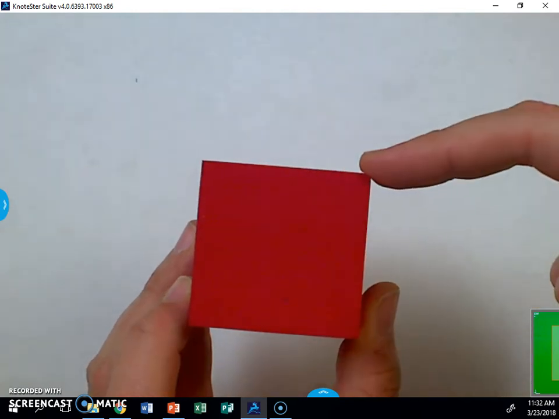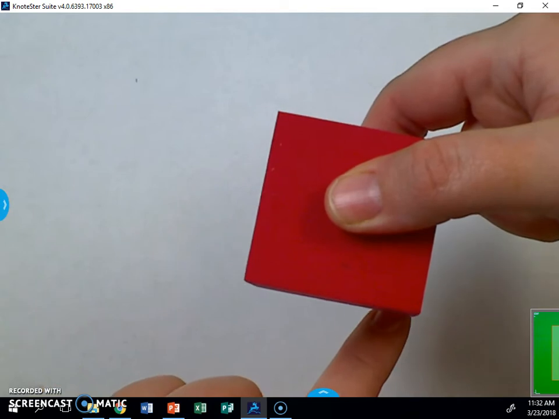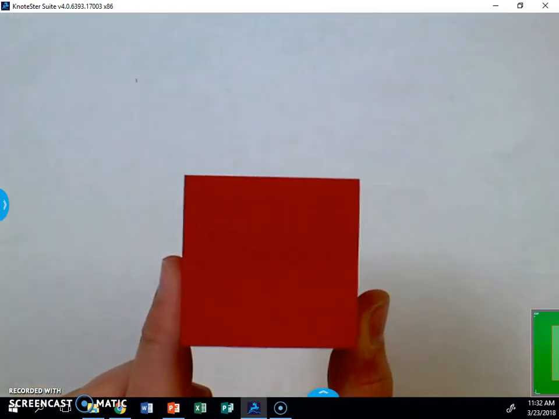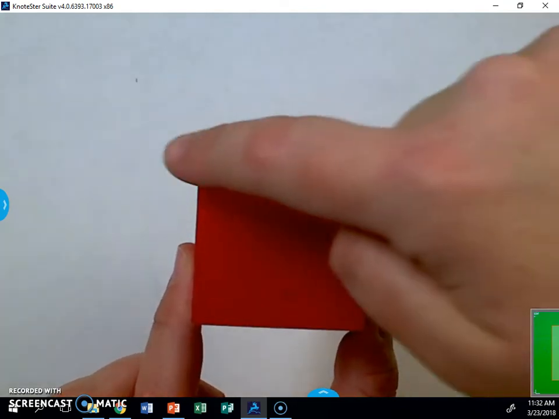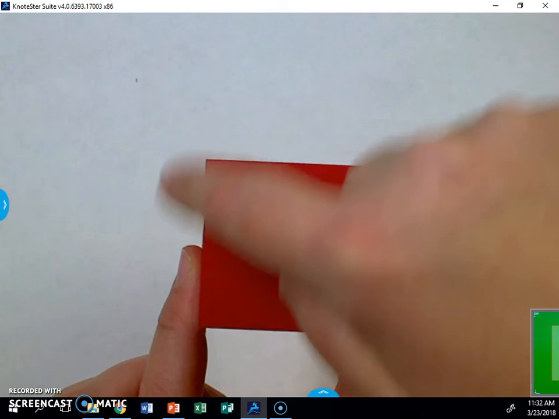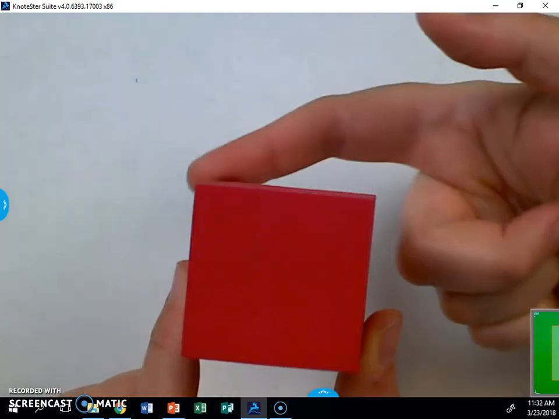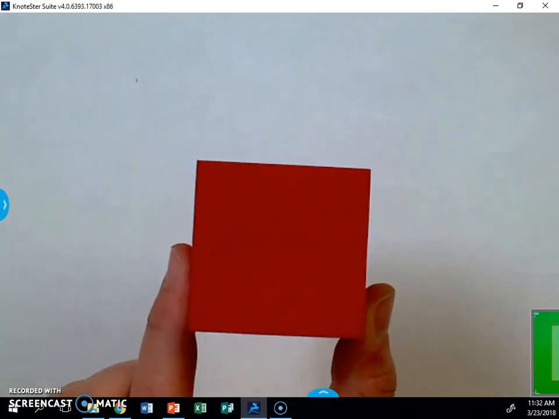We count the ones standing up, 5, 6, 7, 8, and we count the ones going along the bottom, 9, 10, 11, 12. So we say that a cube has 12 edges. For the vertices, we count the corners where those edges meet. So 1, 2, 3, 4, 5, 6, 7, 8. So a cube has 8 vertices.